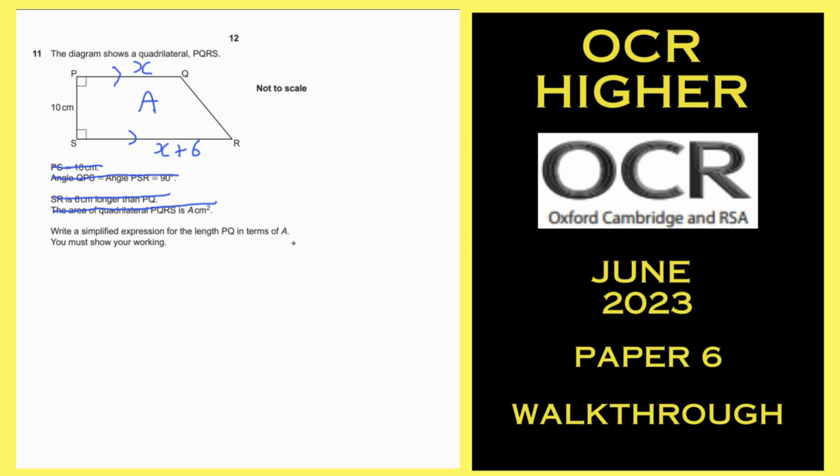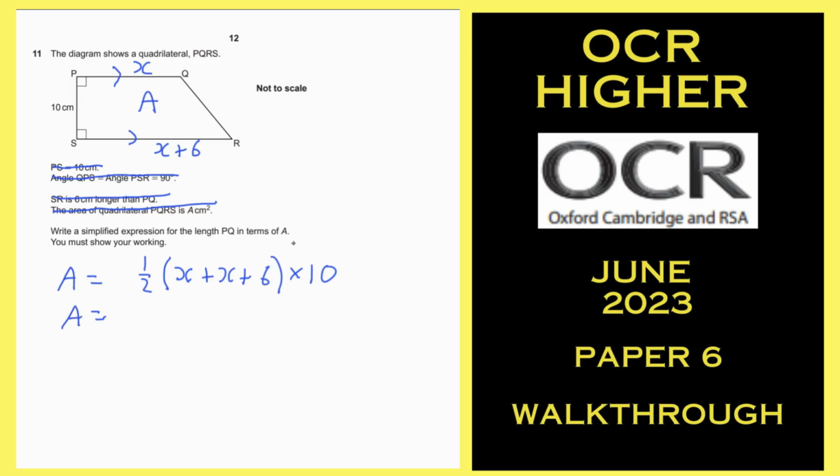You're the one that has to suss that out and realise that the area of a trapezium is given by adding together the parallel sides and halving them, but then multiplying by the height of the trapezium, which is the distance between the 2 sides.